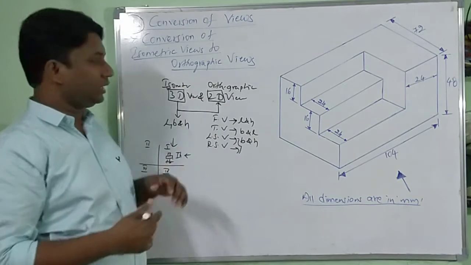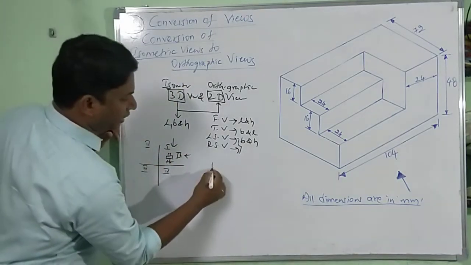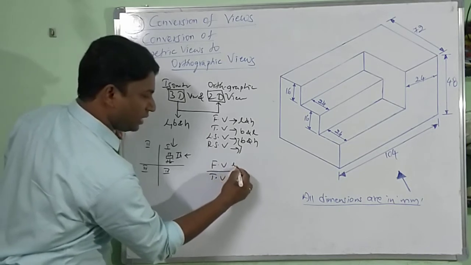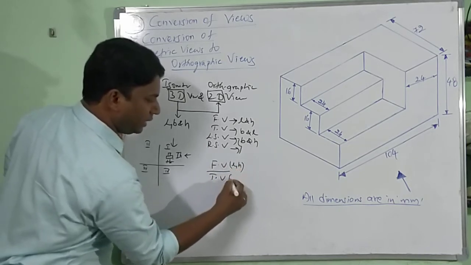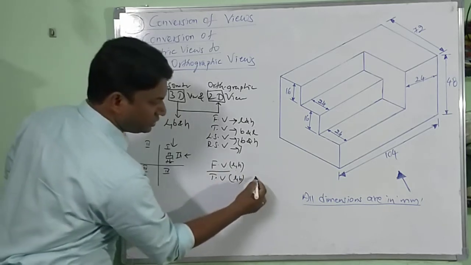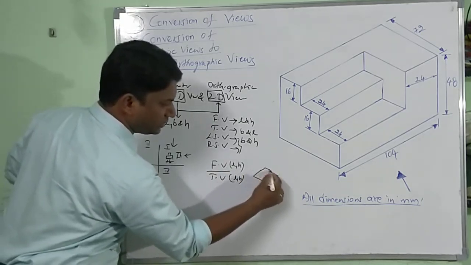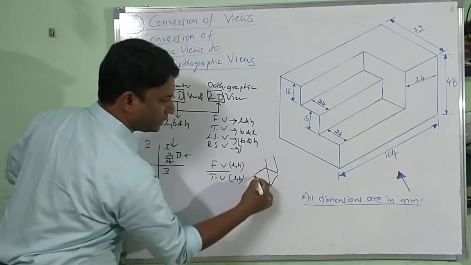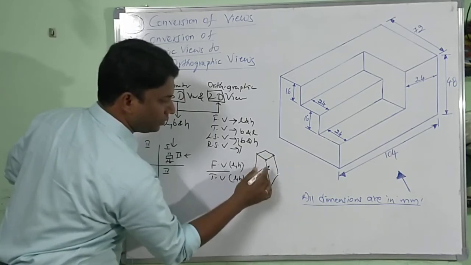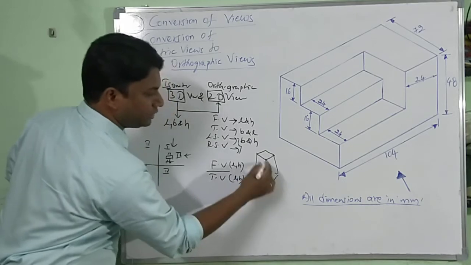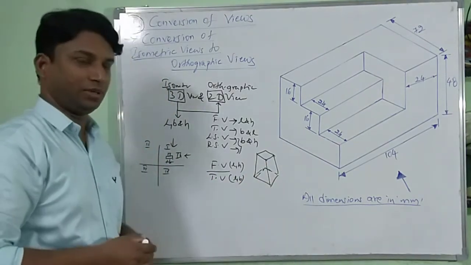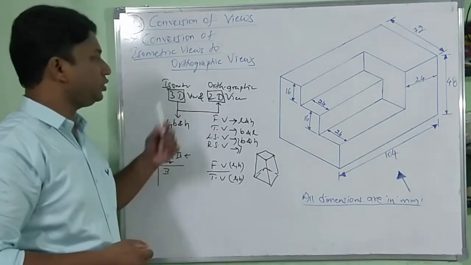Whatever the front view of that hexagon and top view of the hexagon, here it covered length and height, and here it covered length and breadth. We used this and drew a box, like this, height. In this we fitted our hexagonal prism. That means nothing but conversion of two-dimensional into three-dimensional.